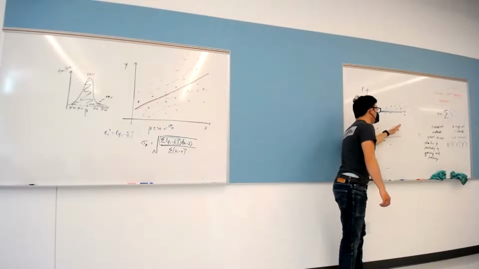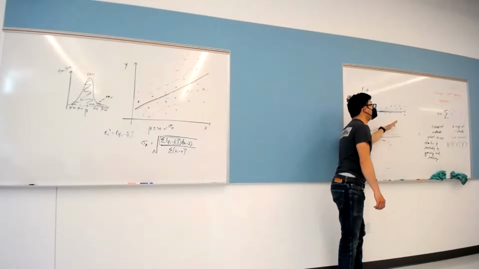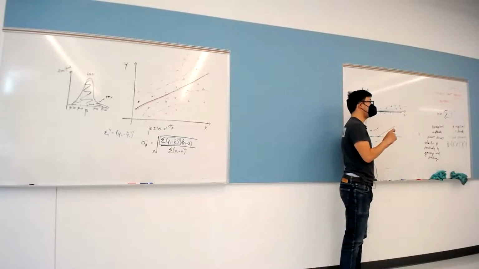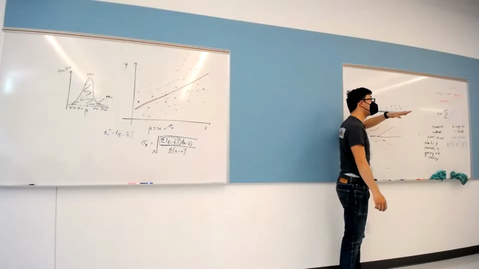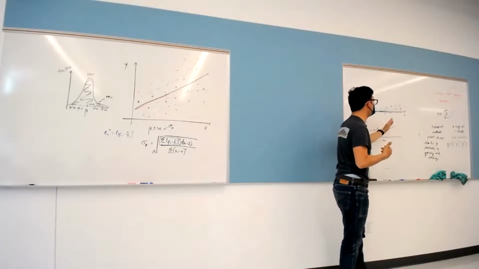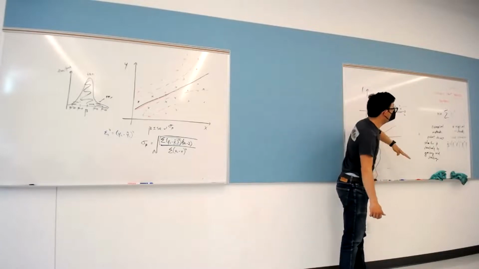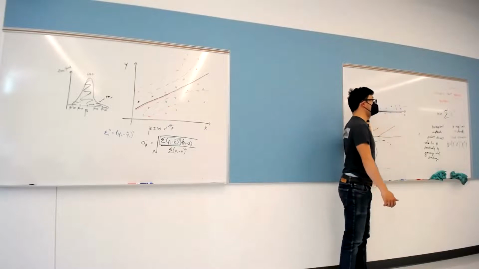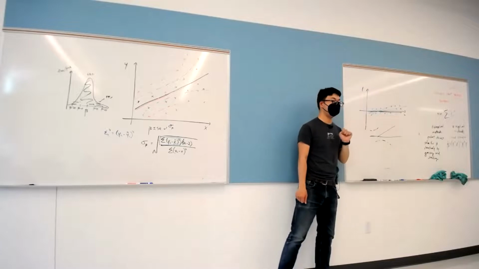The wiggle of your slope is smaller with a decreased standard error. And if your standard error is really big, that's basically saying, I'm actually not too sure about this slope, and maybe the slope looks like this instead of like this. Does that make sense?